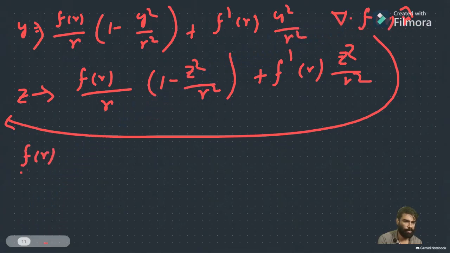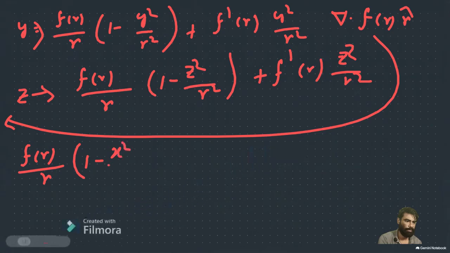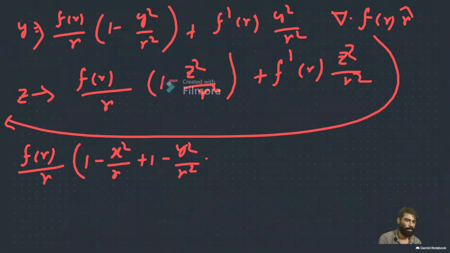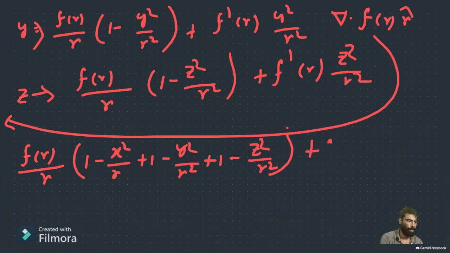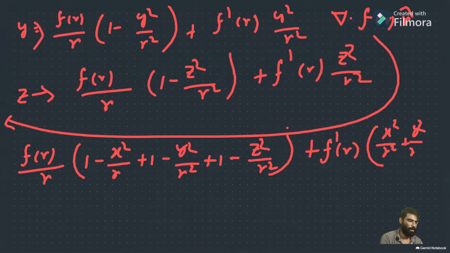You can take f(r) by r common, and then 1 minus x square by r square plus 1 minus y square by r square plus 1 minus z square by r square, these entire things, plus f prime r times x square by r square plus y square by r square plus z square by r square.